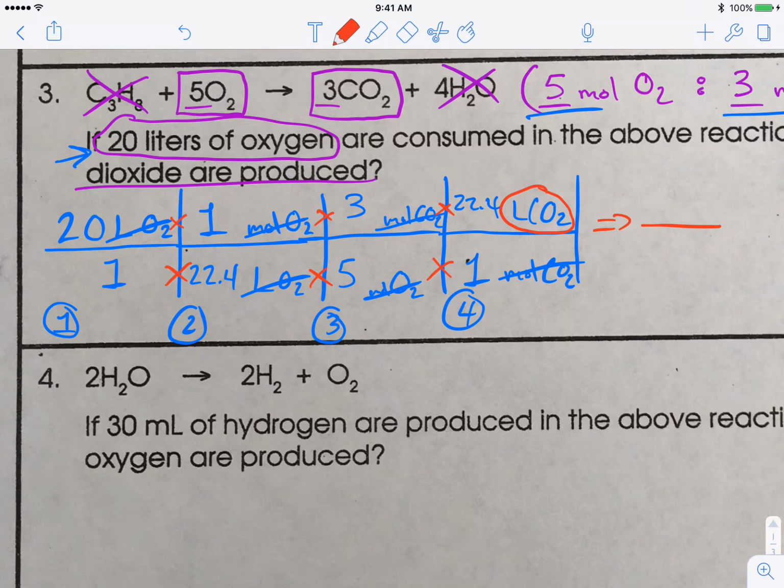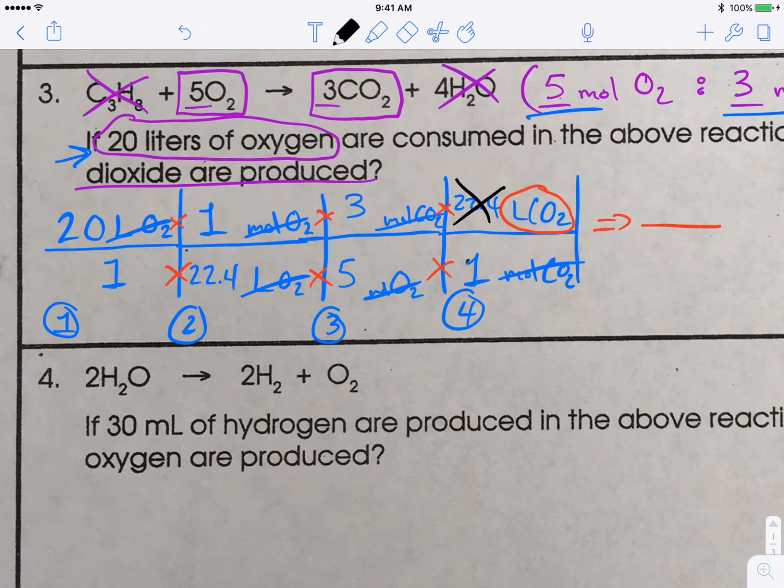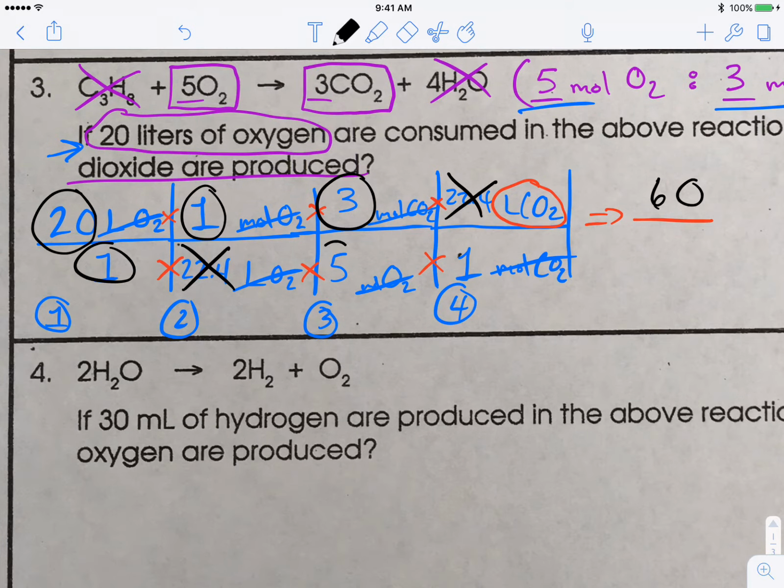Now to make the math a little easier, we can cancel out the 22.4 right away, so we don't need to even bother putting them into our calculations. We're going to multiply 20 times 1 times 3, which is 60. And we're going to multiply 1 times 5 times 1, which is simply 5.